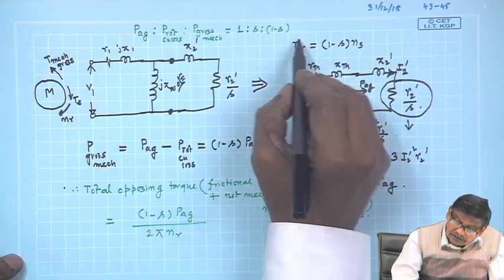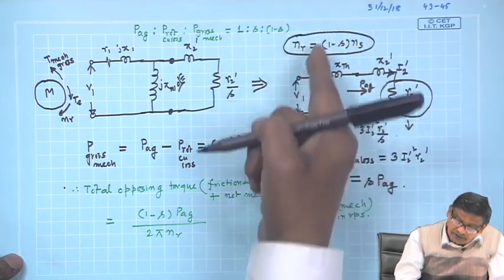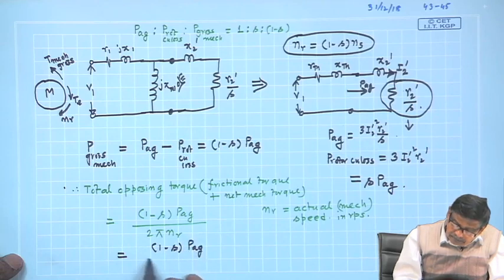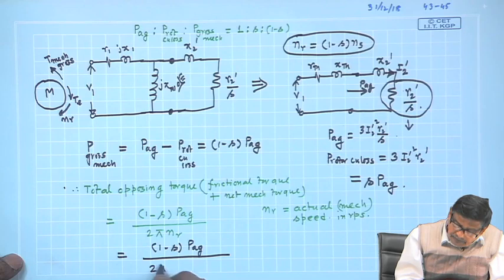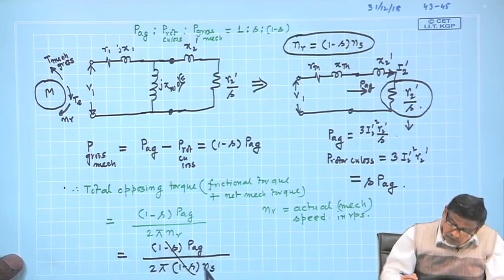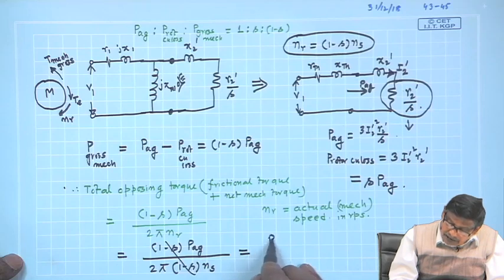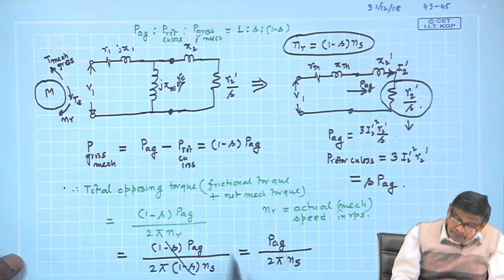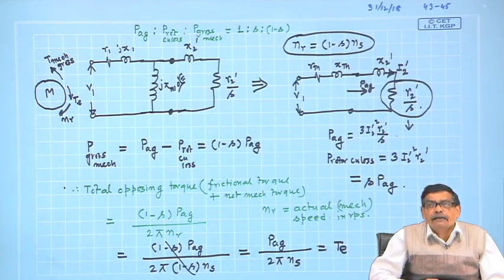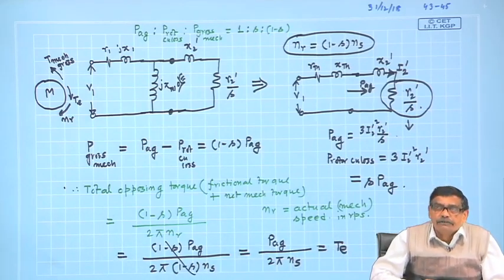Now, what I will do is this, for Nr I will substitute this thing here. So, it is like this, 1 minus S into PAG divided by 2 pi 1 minus S into Ns, and then you see 1 minus S goes, and gross mechanical power developed will be equal to 2 pi Ns, and this must be equal to the electromagnetic torque developed, because machine is running at a constant speed or constant value of slip.